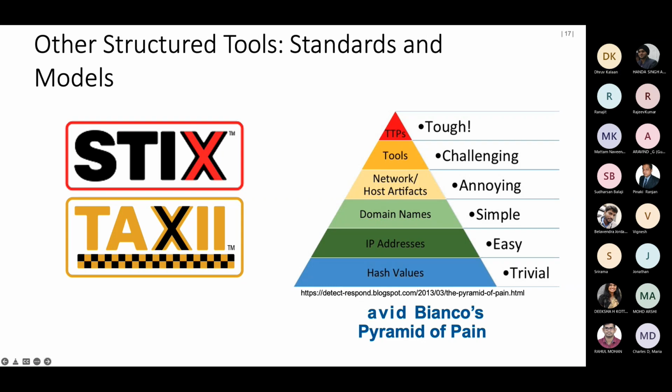Now, here there is a concept that David Bianco's pyramid of pain comes up with, and what it says is that hash values, IP addresses, domain names, and network host artifacts are easy to gather, but they don't have very long-term retention, in that they change very frequently, right?